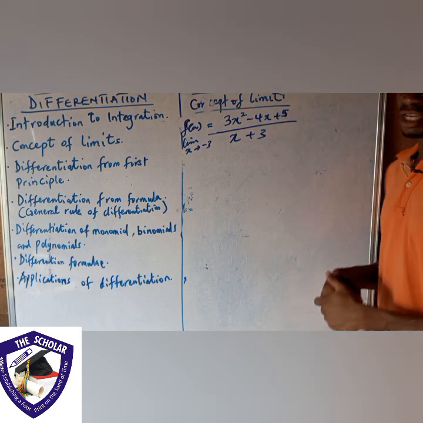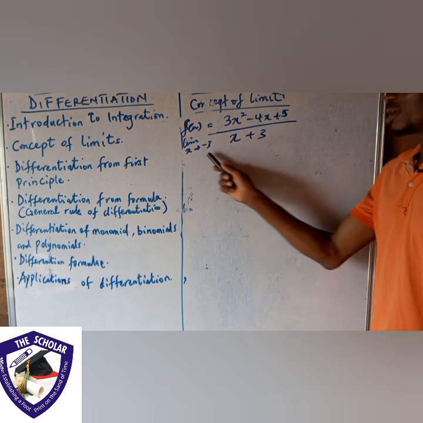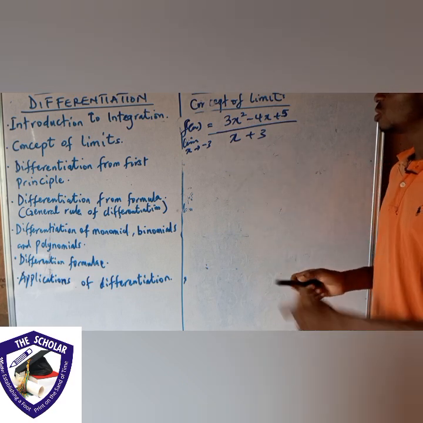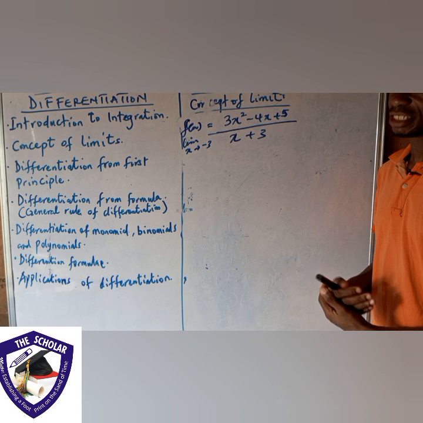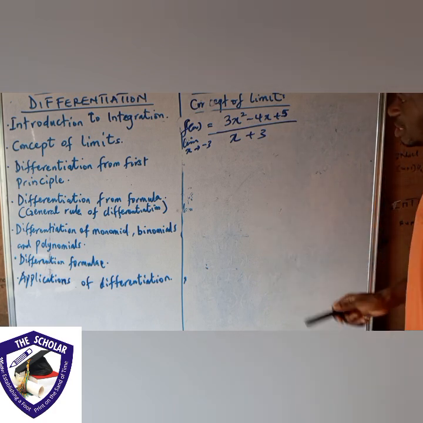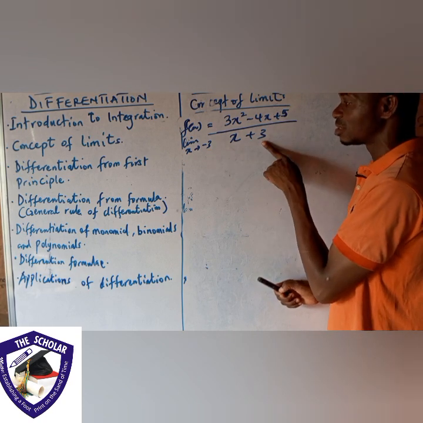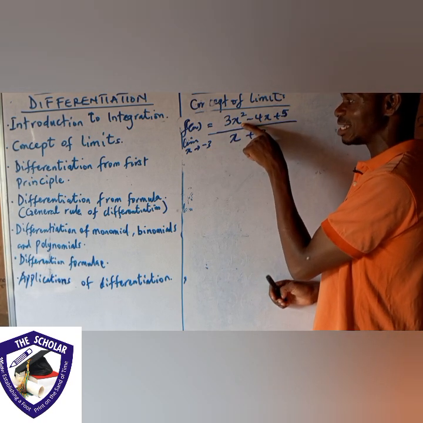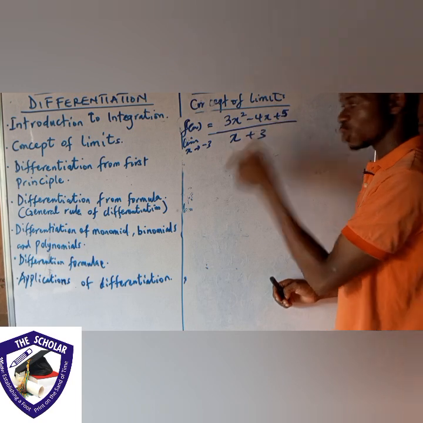So under this context, when the expression is not factorizable, and when you substitute it's going to give us 0, then you divide all through by the highest power of x. Since substituting directly gives 0 and this one is not factorizable, how do you solve it?